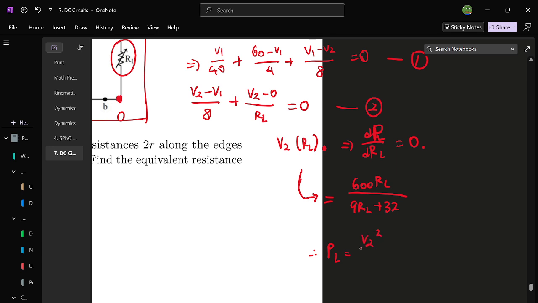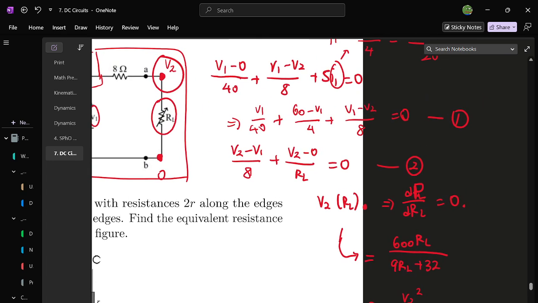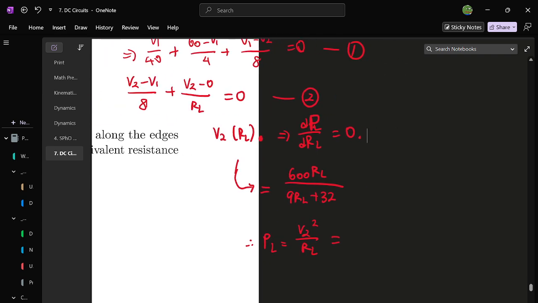So your power is just this, because your V2 and 0 are the potentials. So the potential difference is V2. So your power is this. You get RL. Okay.